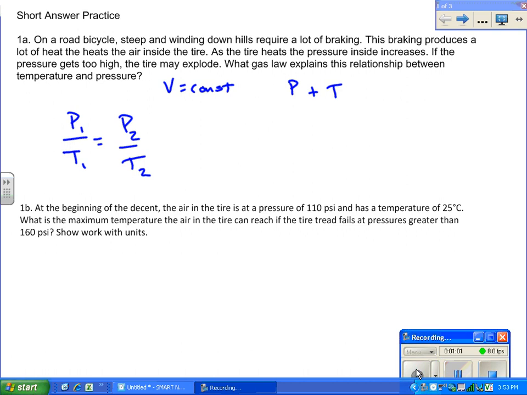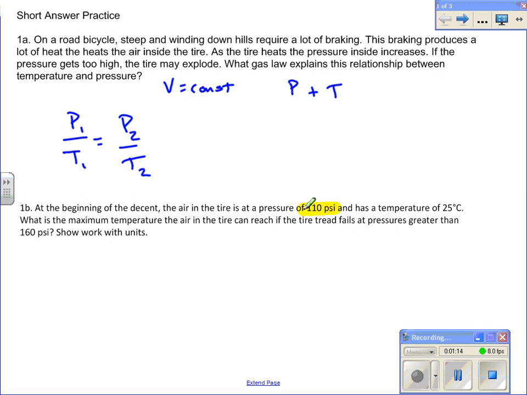So putting that to use, we just have to figure out what the initial and final states are for this second problem. So 1b reads, at the beginning of the descent, the air in the tire is at a pressure of 110 psi and a temperature of 25 Celsius. So this is our P1 and this is our T1, right?